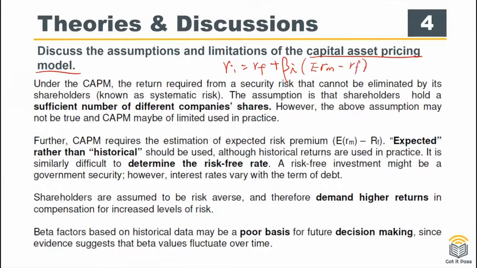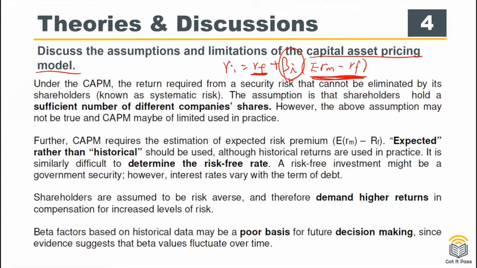Here is the capital asset pricing model formula. What it assumes is that it has the risk-free rate, the market risk premium, and the beta.